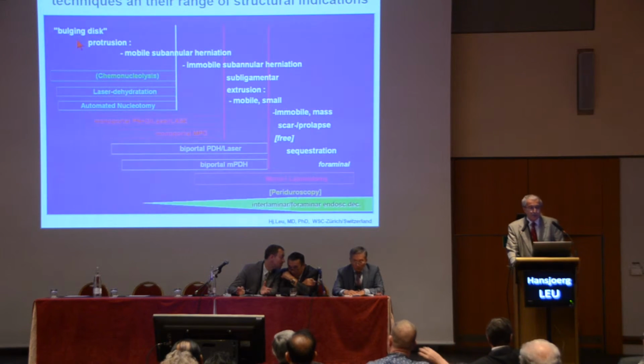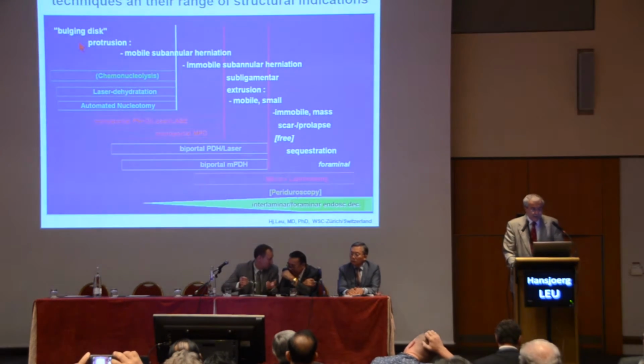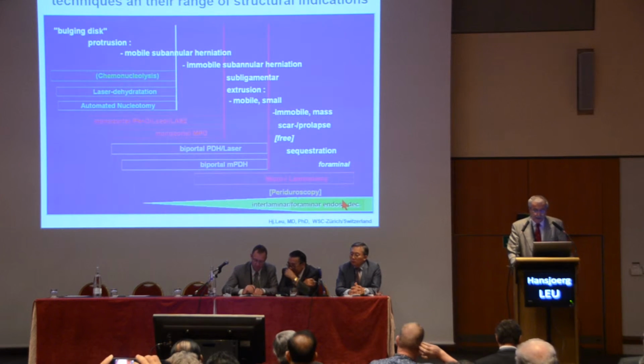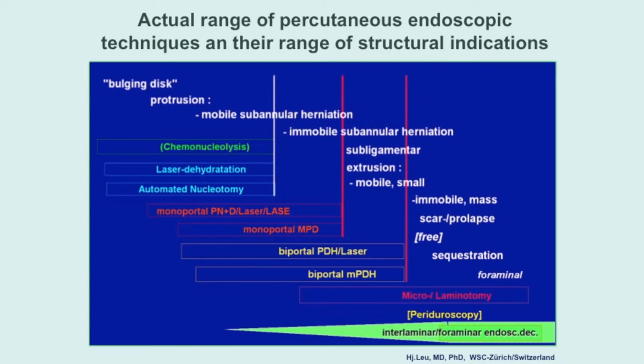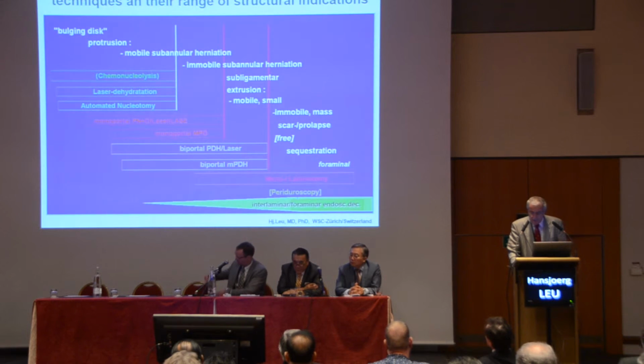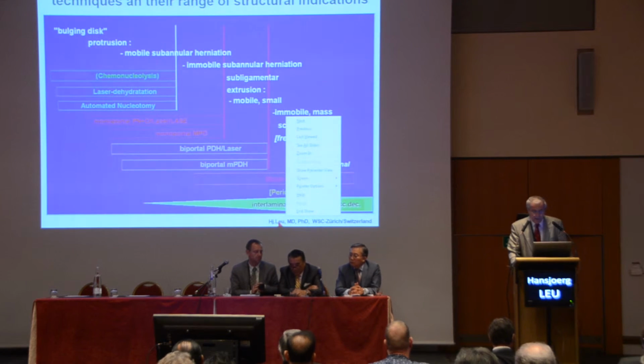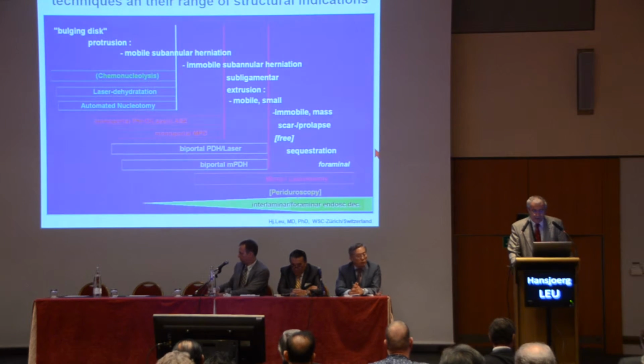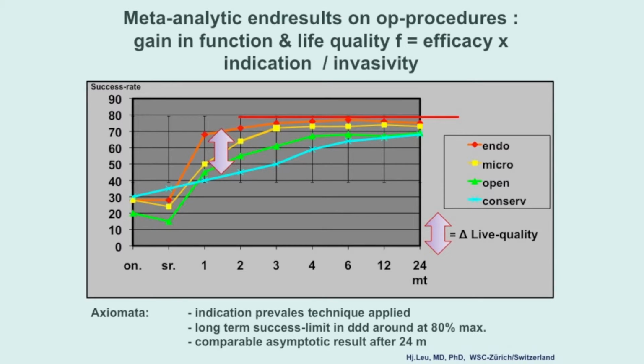When we see the actual range of percutaneous endoscopic systems available, we can say that with the descriptions that we have seen today, the interlaminar and foraminal endoscopic approaches challenge more and more the whole field of intracanalar problems and lateral disc problems that we have to resolve. So even if we are not absolutely the gold standard, we will have an opportunity to go in this direction when we are critical with our results.